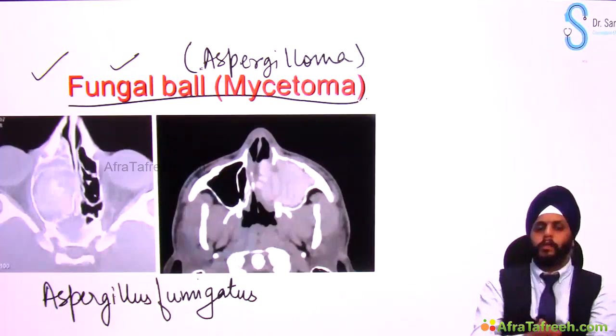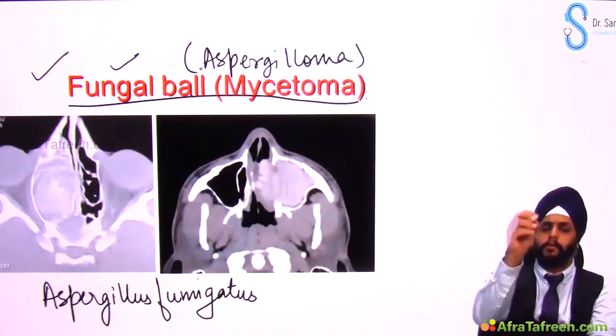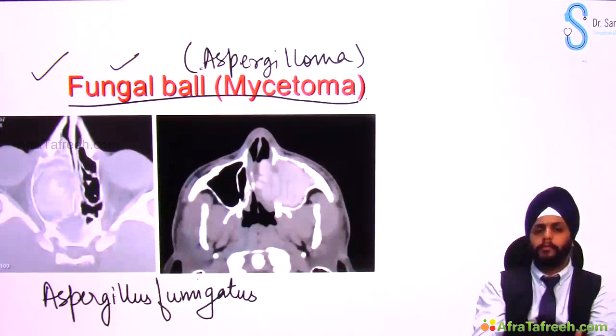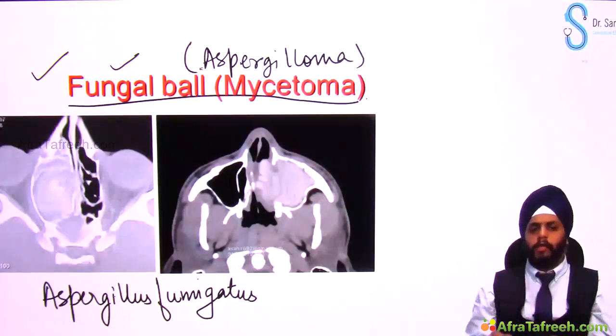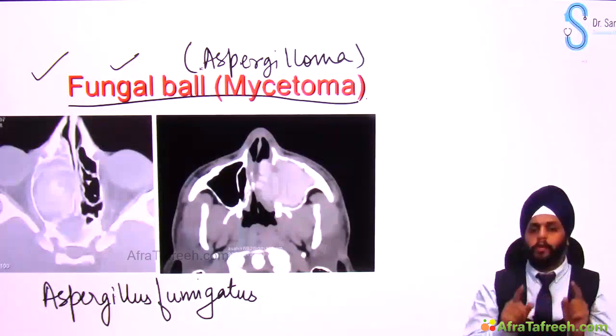So what is this? A fungus gets collected in the sinus. What happens? Number one, no invasion, no reaction from the fungus. Number two, no reaction from the nasal mucosa.